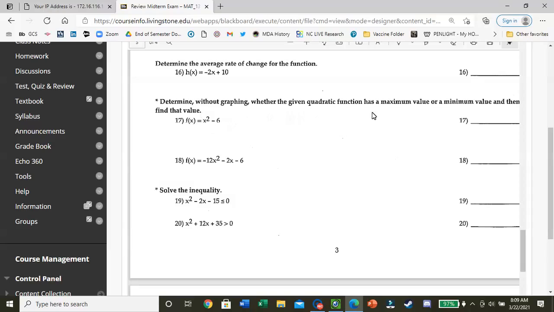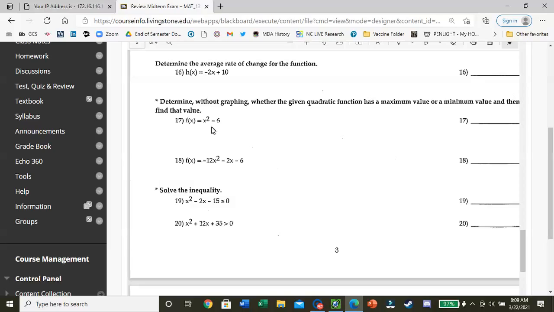Determine without graphing whether the given quadratic function has a maximum value or minimum value, and then find that value. Do we have any questions on this one? Okay. What you look at here is f of x equals x squared minus 6.